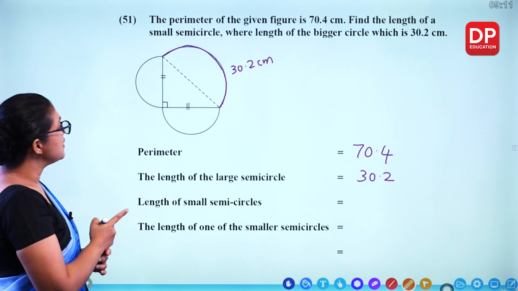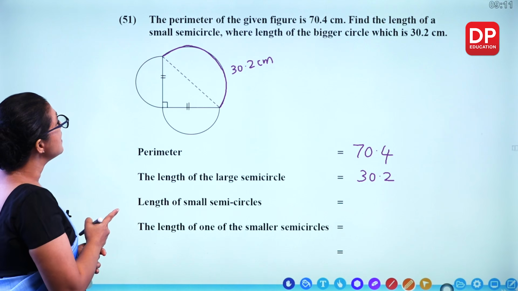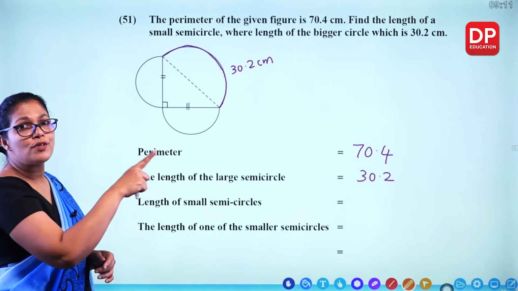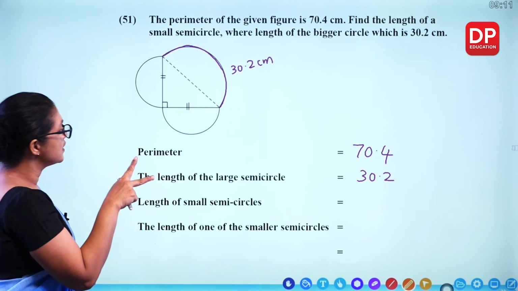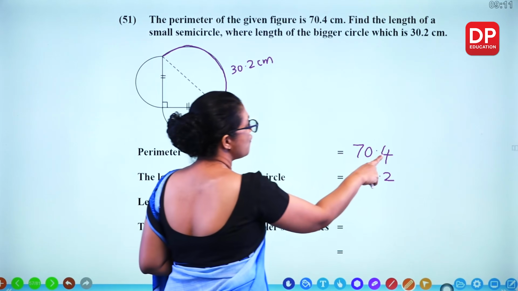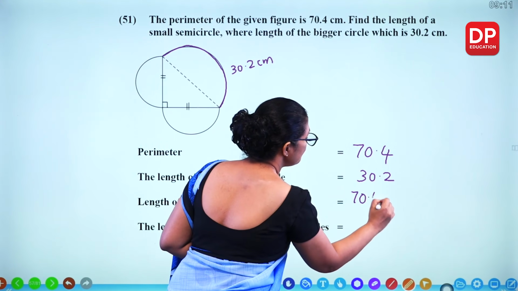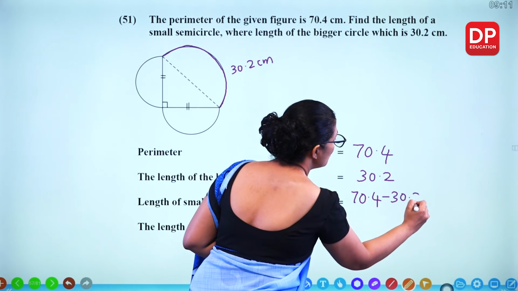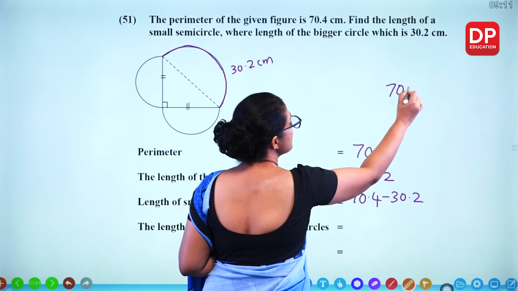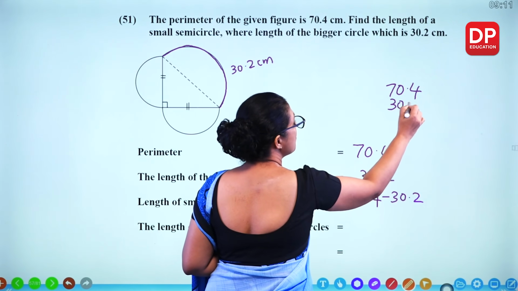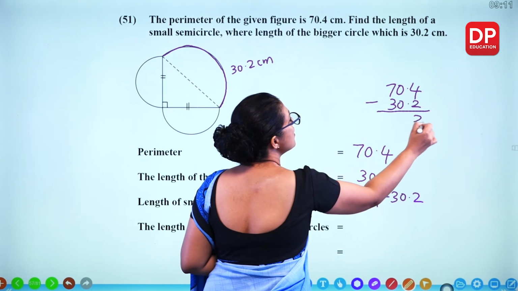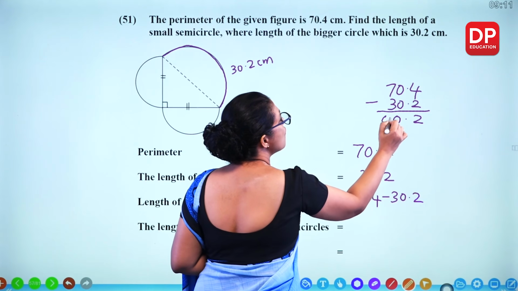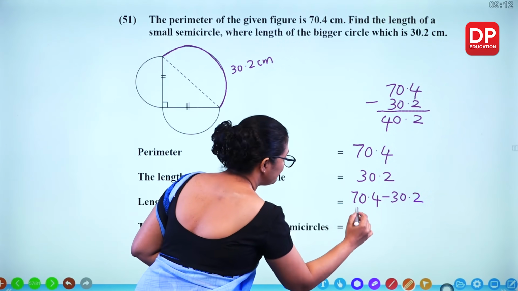Length of small semicircle is, you have to subtract the two values. So 70.4 minus 30.2. You do it here, 70.4, 30.2 subtraction. You get here 40.2.